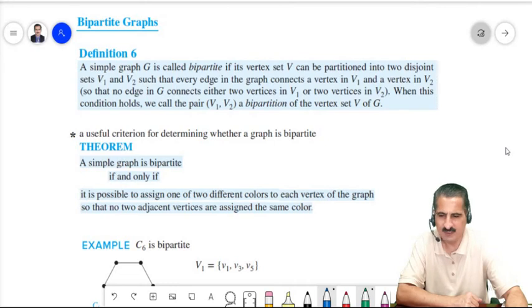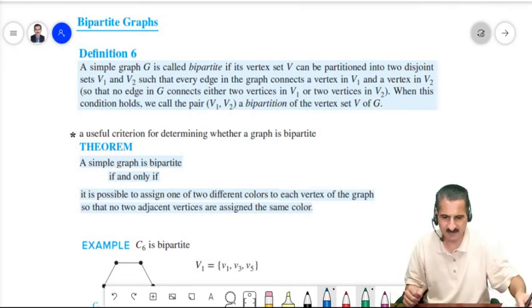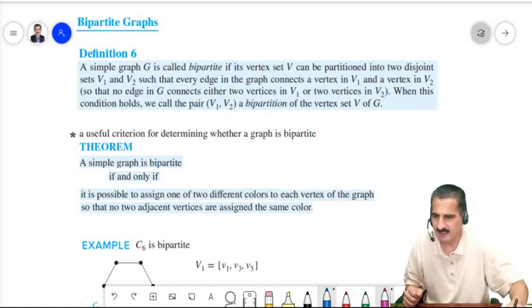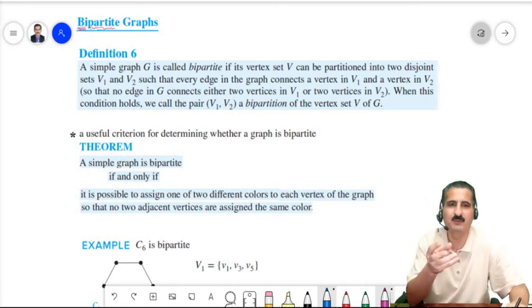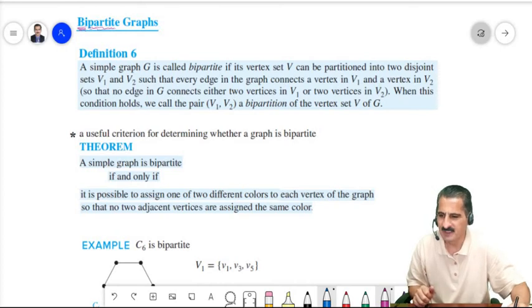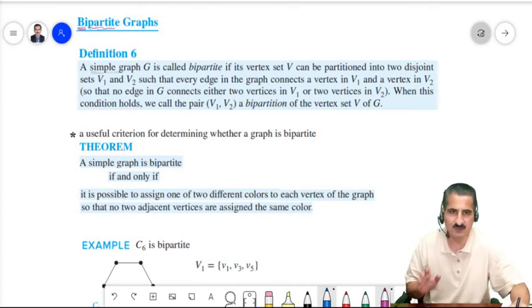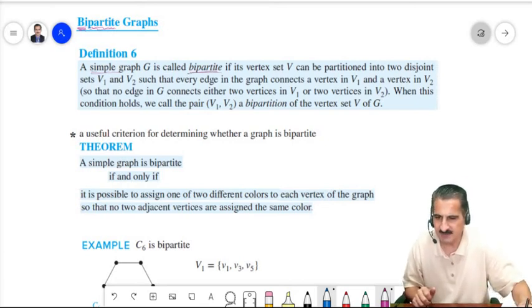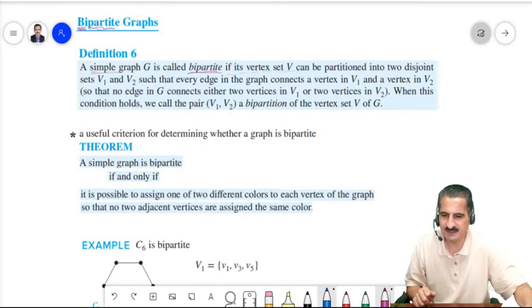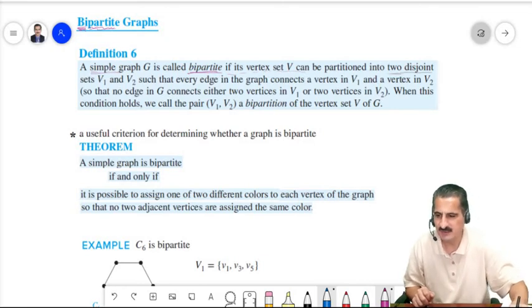Another kind of graph is called bipartite graphs. Bipartite graph, which means it is divided in two parts. So that's why we say bipartite. It is partitioned in two parts. What are these two parts? Let's say a simple graph, no multiple edges and no loops, is called bipartite if its vertex set can be partitioned into two disjoint sets V1 and V2.